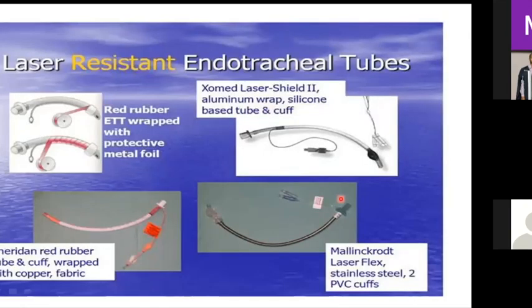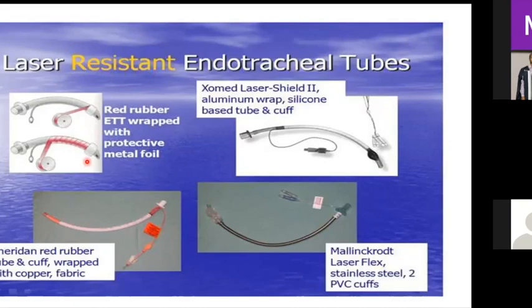There is also a red rubber tape that can be used to wrap around a normal endotracheal tube in order to reduce airway fires. They also describe wrapping it with foil, but it's associated with a lot of risk, necrosis, airway lacerations and all. So no one is really doing that.